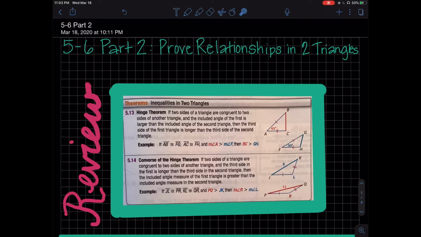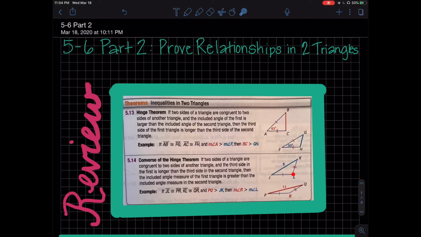Now the converse reads, if two sides of a triangle are congruent to two sides of another triangle, and the third side in the first is longer than the third side in the second triangle, then the included angle measure of the first triangle is greater than the included angle measure of the second triangle.